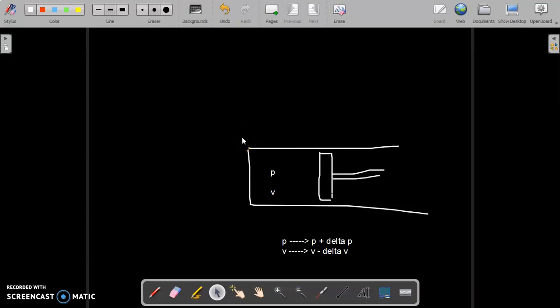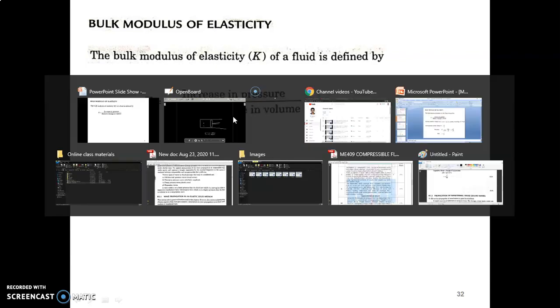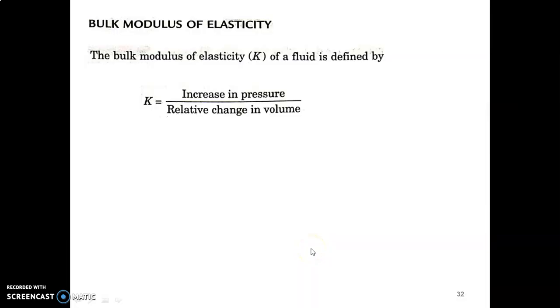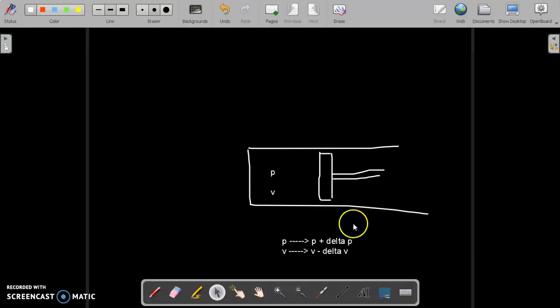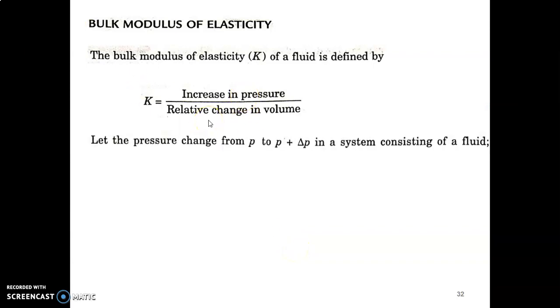Now, coming back to the expression, what is the increase in pressure? By looking at this diagram, the increase in pressure is positive delta p. And relative change in volume means the ratio of change in volume to the original volume. Here the change in volume is negative delta V and the original volume is V. So negative delta V divided by V is the relative change in volume.